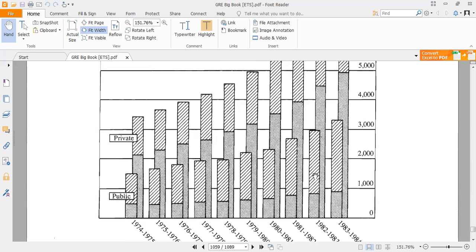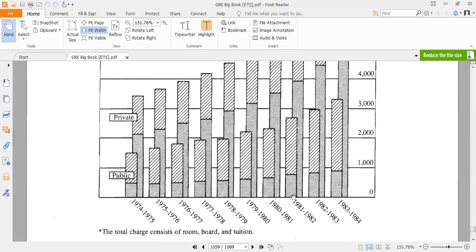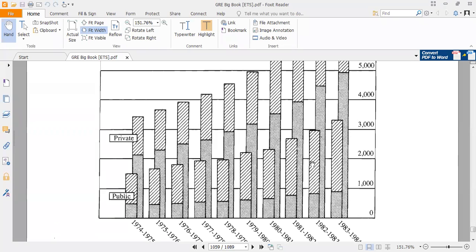Which bar should we look at? Okay, we have found it, I guess.